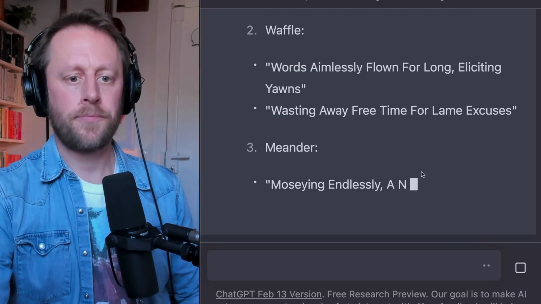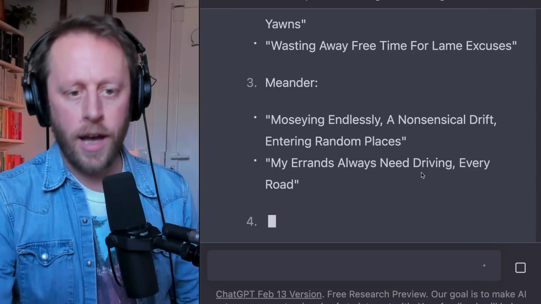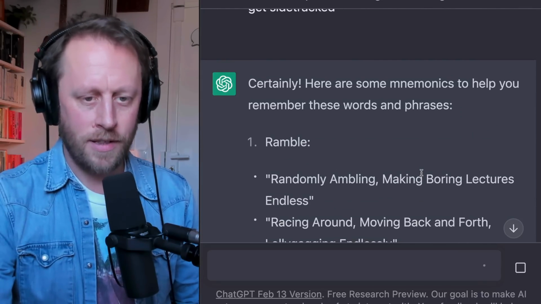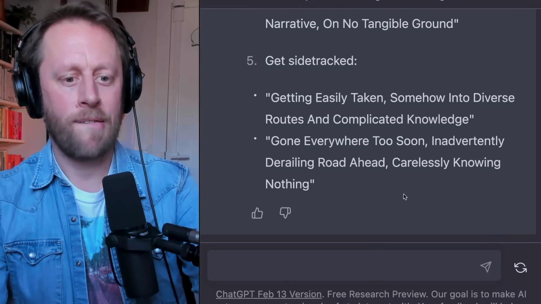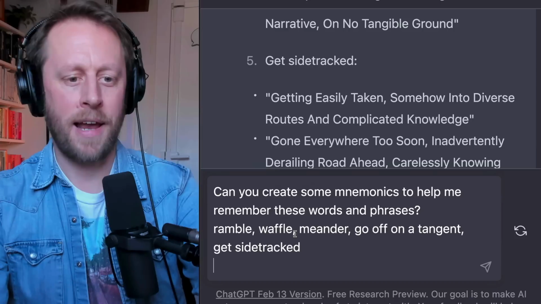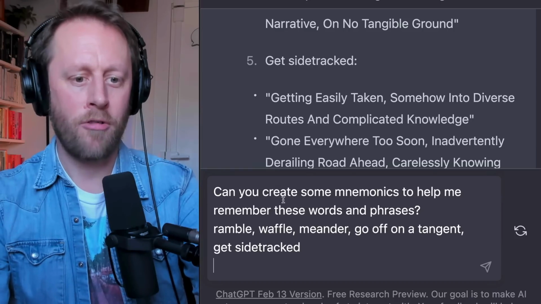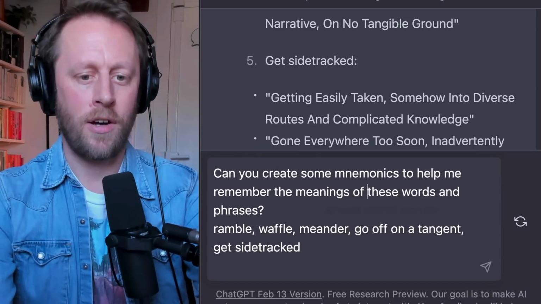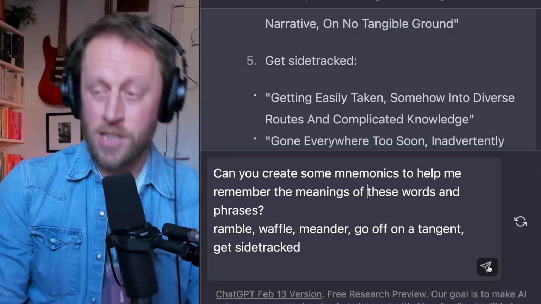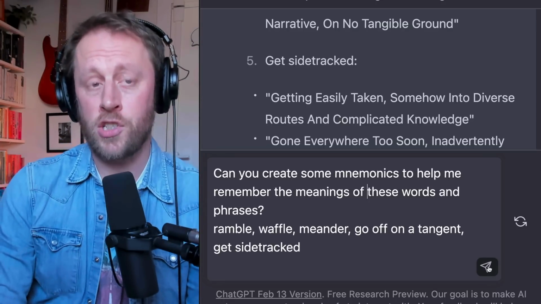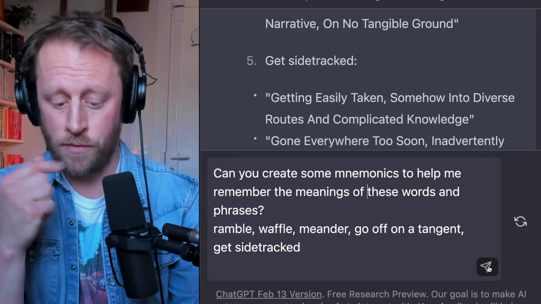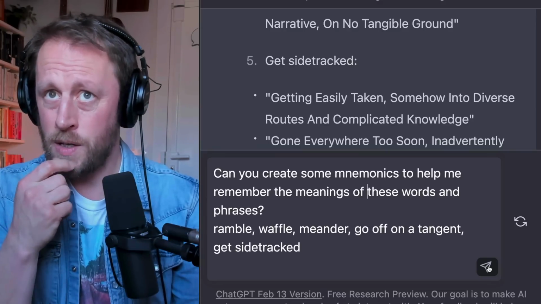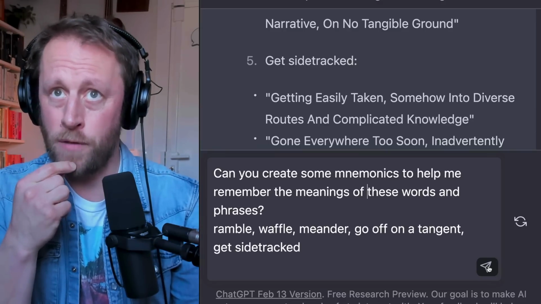Okay, right. It's giving me spelling mnemonics. That's not what I want. Can you give me mnemonics to help me remember the meanings of these words and phrases? To be honest, what you need as learners of English, you don't just need to remember the meanings of the phrases. You need to learn how to remember the phrases themselves.